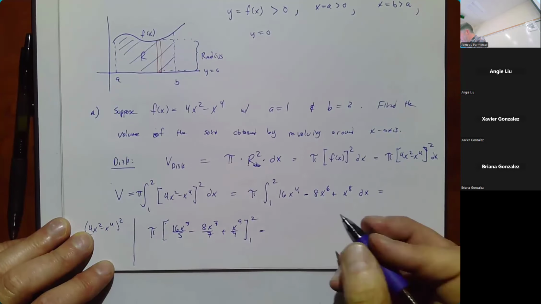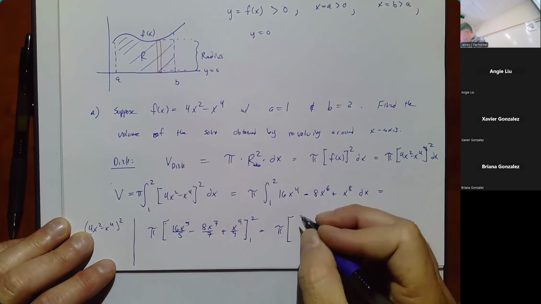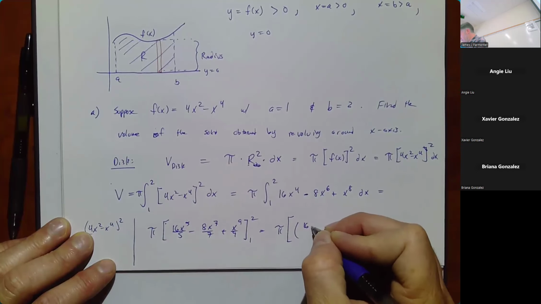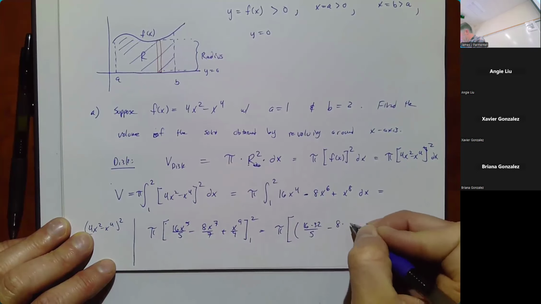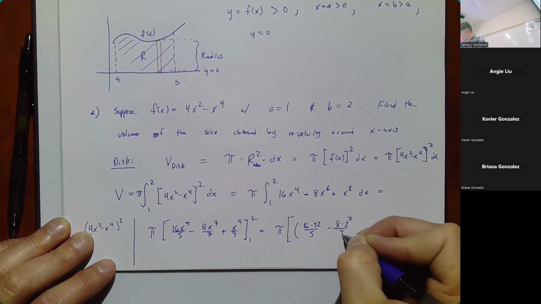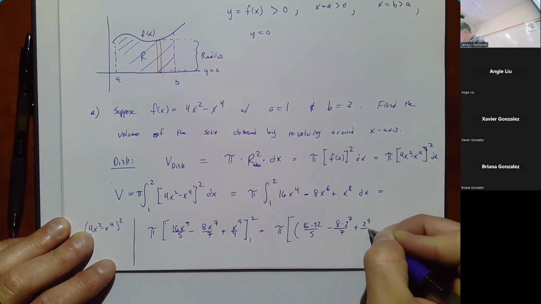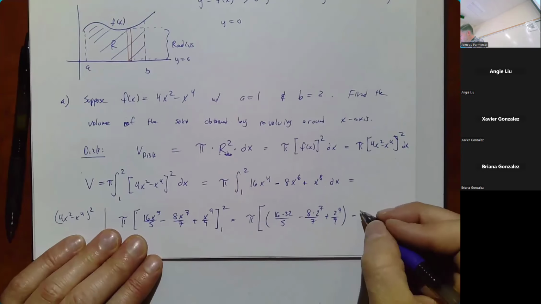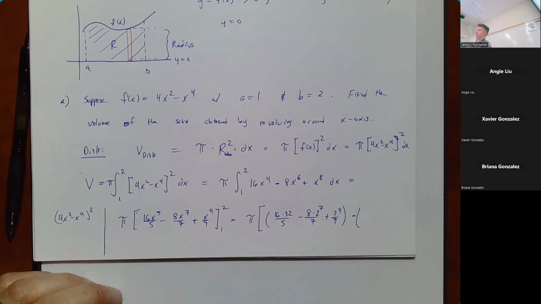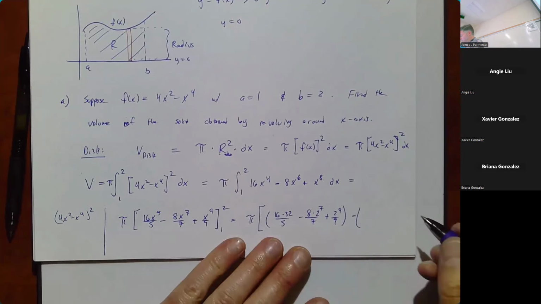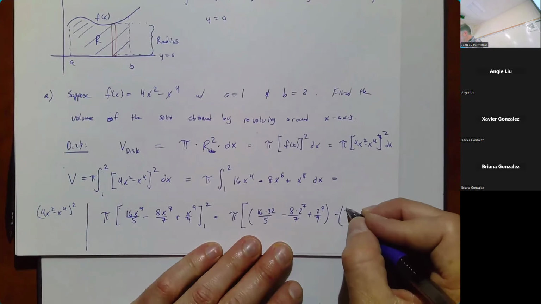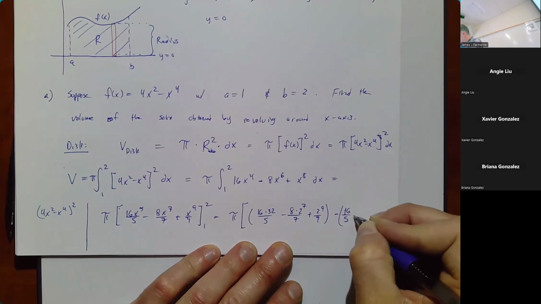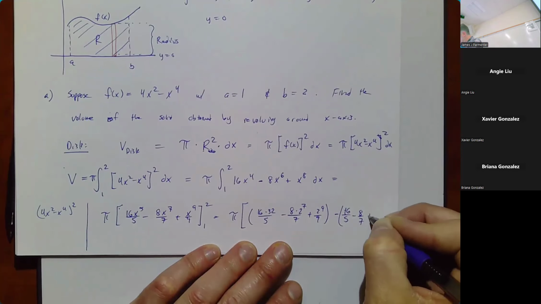And then you plug in and you get pi times the whole mess of 16 times 2 to the 5th over 5 minus 8 times 2 to the 7th over 7 plus 2 to the 9th over 9 minus, and then when you plug in 1, I will point out that 1 to any power is 1. So I would make the easy adjustment of saying I've got 16 fifths minus 8 sevenths plus 1 ninth.